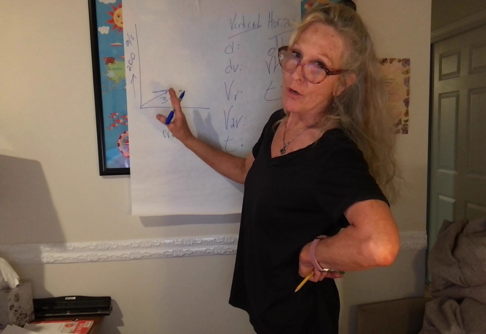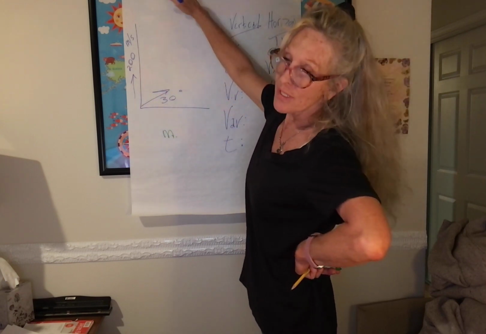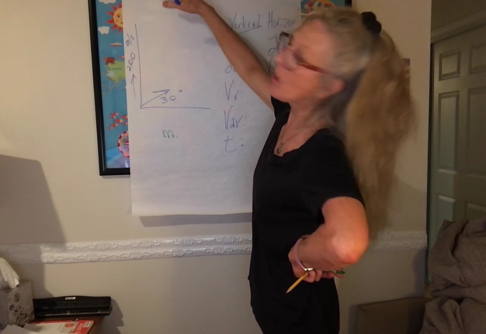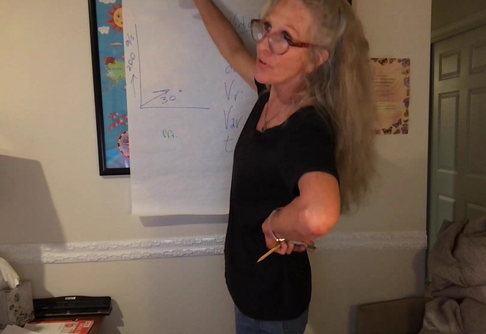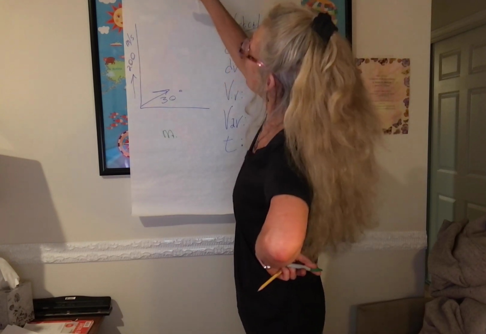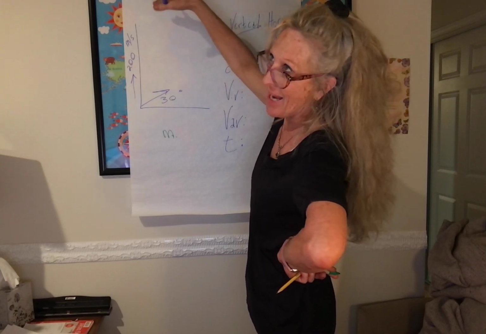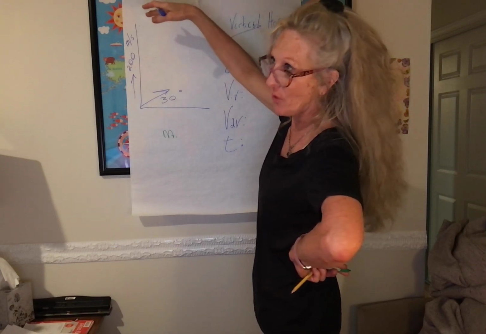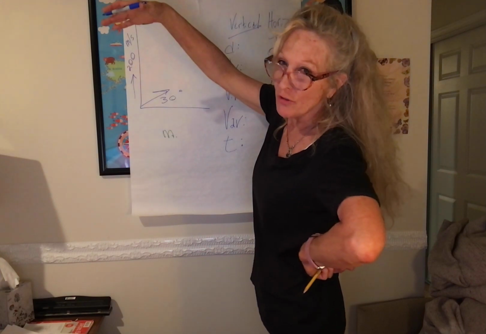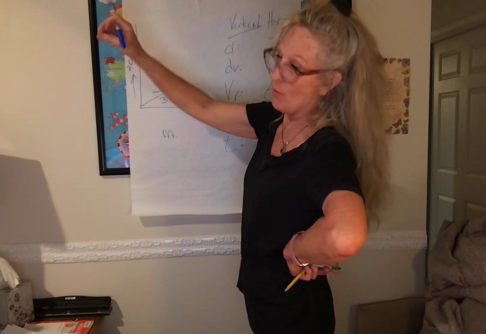When a projectile goes up, its horizontal component will always stay the same, but its vertical component will change. When it reaches its maximum height, it's still moving forward, but its vertical velocity hits zero.